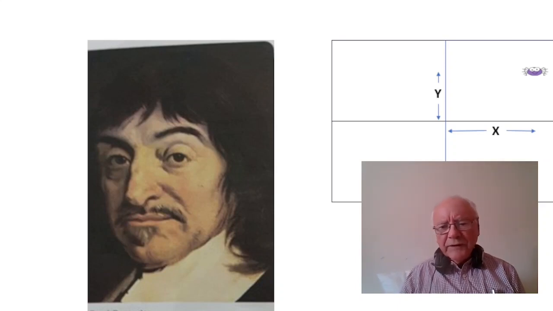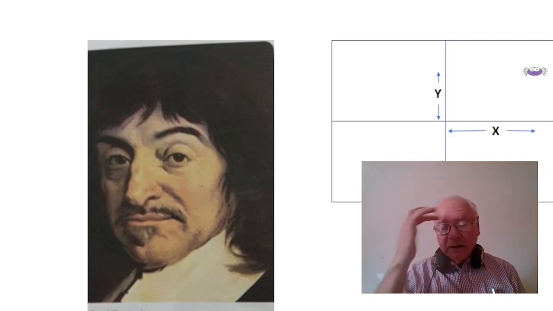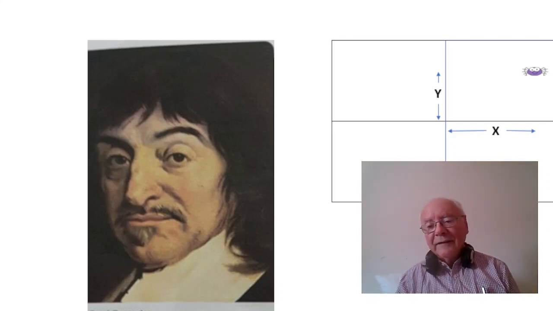The idea he thought of, well, the center of the ceiling, I'll call a point the origin, and then I'll put a line through that east-west, and I'll call that the x-axis. And then at the origin, I'll put another line at right angles to the x-axis and call that the y-axis.